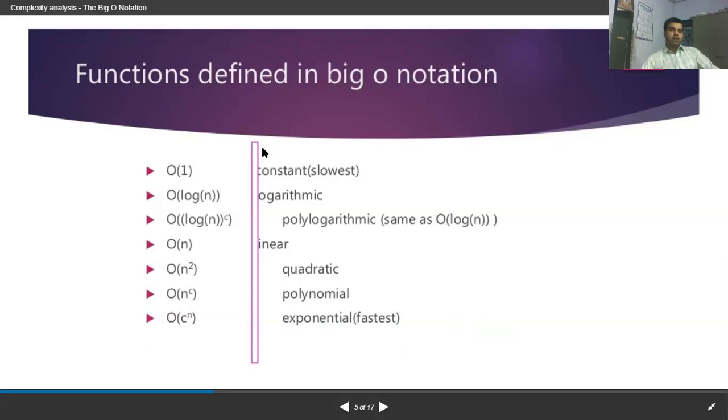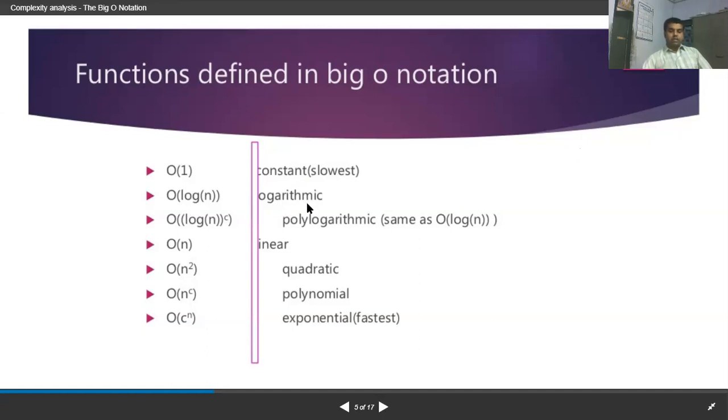Those kinds of algorithms are O of 1. That means there is one operation, but the operation keeps going one after the other, and it takes a lot of time to obtain the result. That is why O of 1 is considered to be the constant slowest.